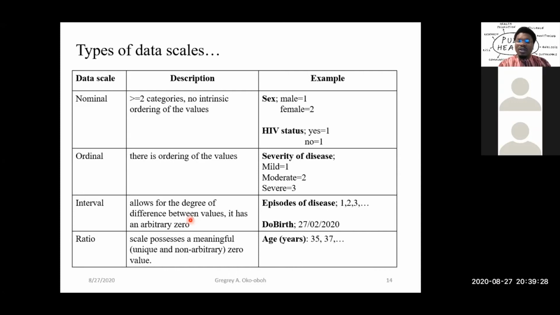So if you have 0 degree Celsius and you move to plus 30 degrees Celsius, that's an interval of 30. What if you move back to minus 30 degrees Celsius? It is also an interval of 30, equal interval. However, you cannot say that plus 30 is twice as hot as minus 30. So there is no multiplication here. It's just interval, difference from one point to another.